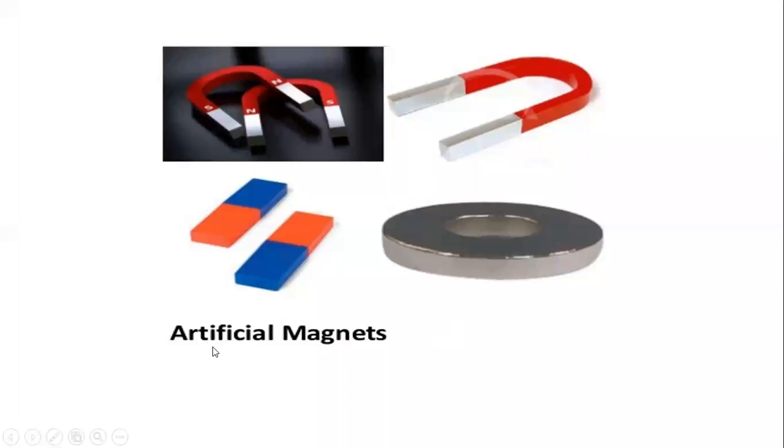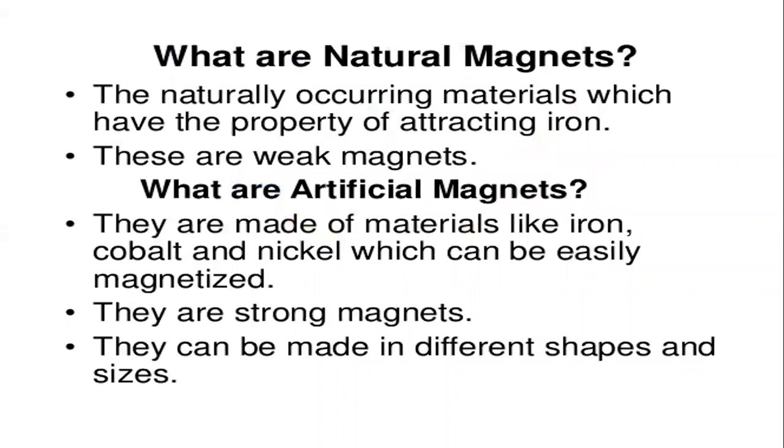Okay, so artificial magnets are made by human beings. The artificial magnets are called strong magnets. Why are they calling the artificial magnets strong magnets?